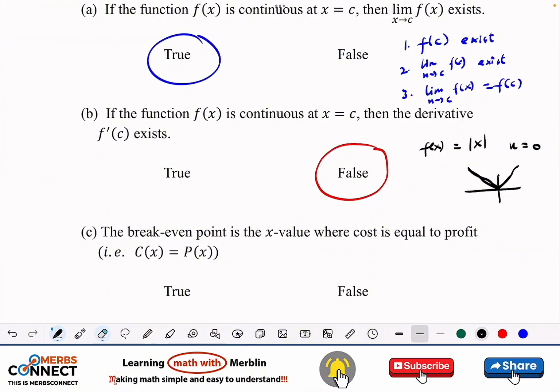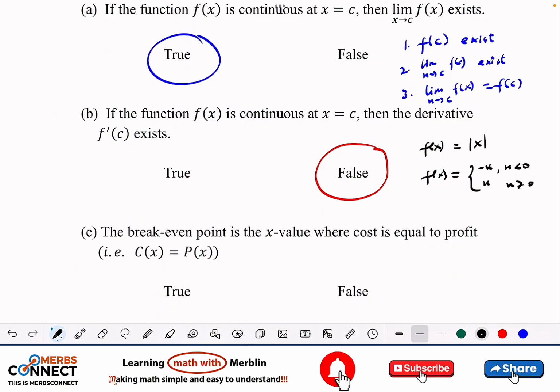But can I differentiate this? The derivative of this function does not exist. How did I see that? Now we know that this f of x can be written as, the absolute value is telling us that we have negative x and we have positive x, where x is less than 0 and x is greater than or equal to 0.